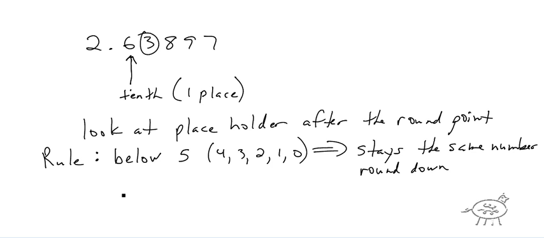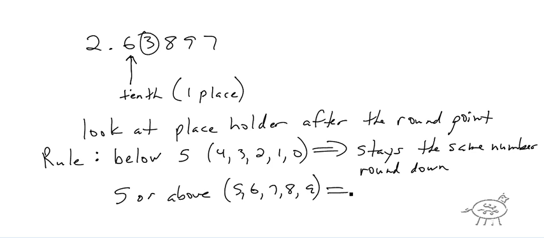If it's 5 or above, which is 5, 6, 7, 8, 9, then you increase that rounding number, the 6, by 1.